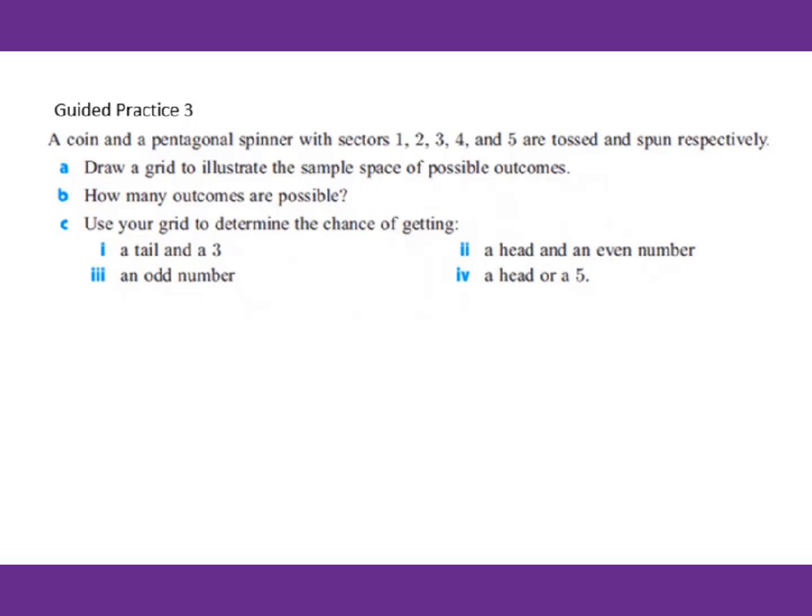Now let's go to guided practice 3. A coin and a pentagonal spinner with the sectors 1, 2, 3, 4, and 5 are tossed and spun respectively. Draw a grid to illustrate the sample space of possible outcomes.